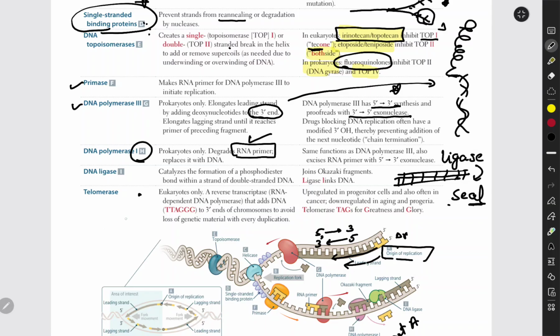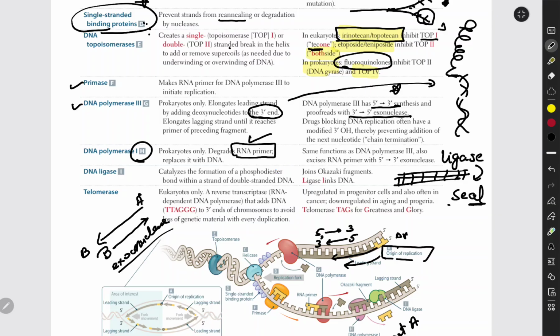So for example, you're moving from this direction to this direction, for example, A to B. To cross check that you've covered every site, you move from B to A. So the exonuclease activity is usually opposite to the synthetic activity.